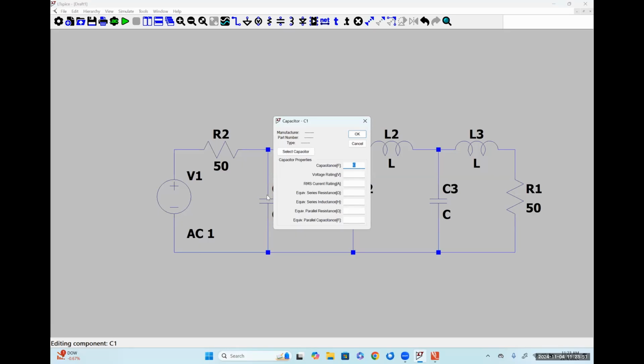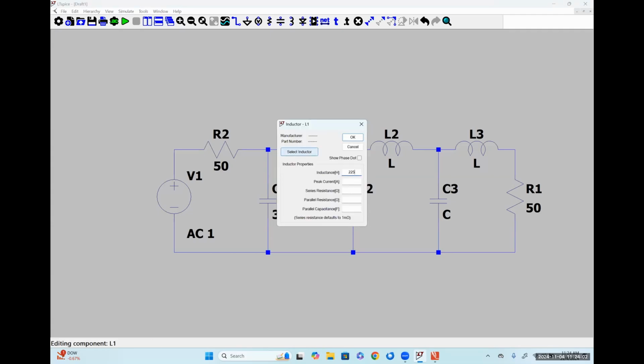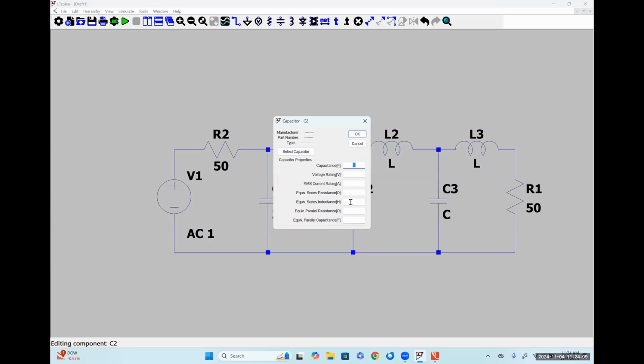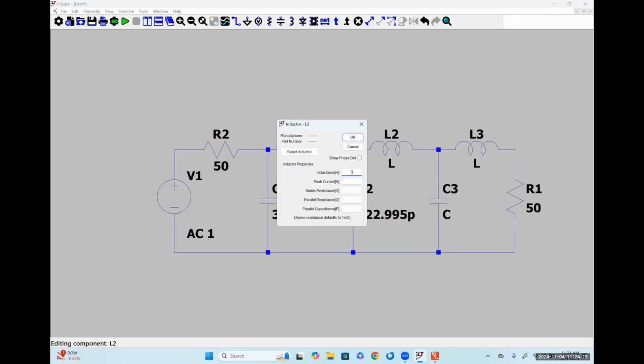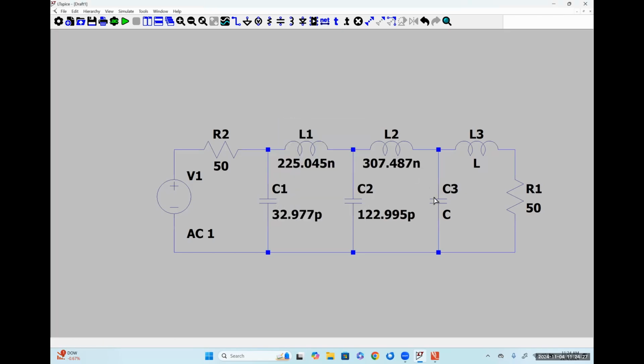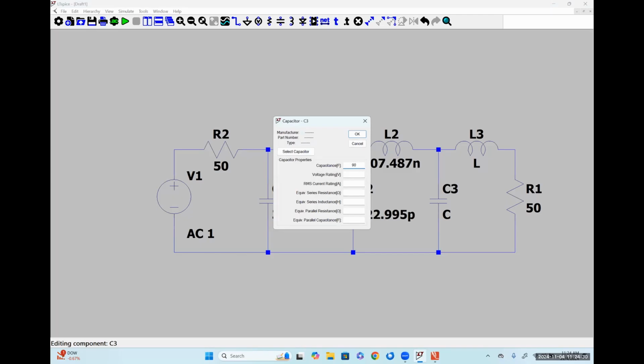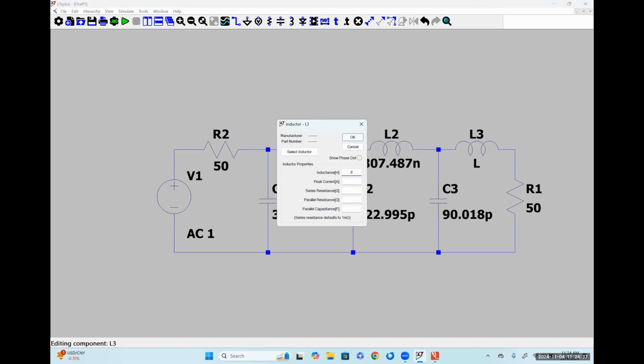Just running back through these numbers real quick. 32.977 pico. 225.045 nano. 122.995 pico. 307.487 nano. 90.018 pico, and 82.442 nano.